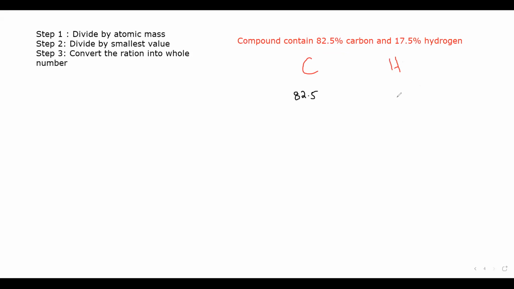82.5, 17.5. What is our first step? Divide by atomic mass. So carbon, we already know it's 12 and hydrogen is 1. What is the answer for 82.5 divided by 12? 6.875.